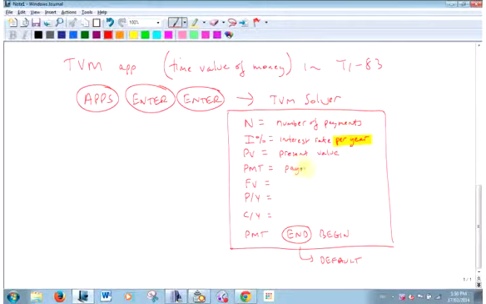Speaking of which, that's payment, PMT. FV, guess what that is? You bet. P/Y, how many payments per year? If it's semi-annual, that's a 2. If it's quarterly, that's a 4.